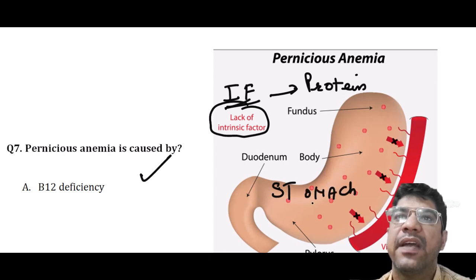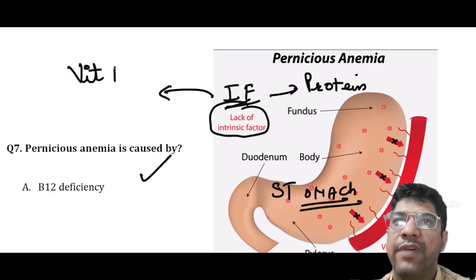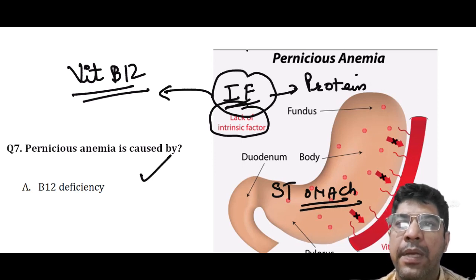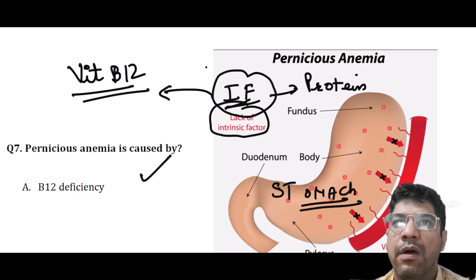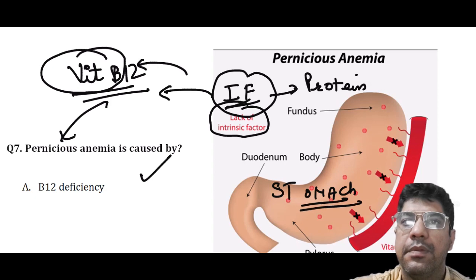This intrinsic factor is responsible for absorption of which vitamin? Vitamin B12. So when there is a lack of intrinsic factor, it can lead to inability to absorb vitamin B12, and that in turn would cause pernicious anemia.